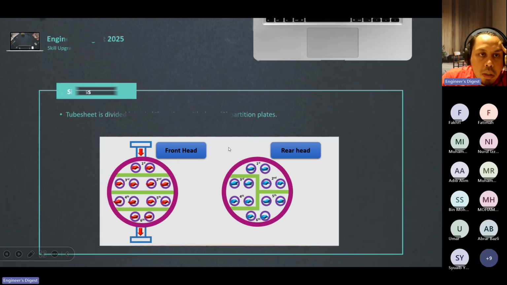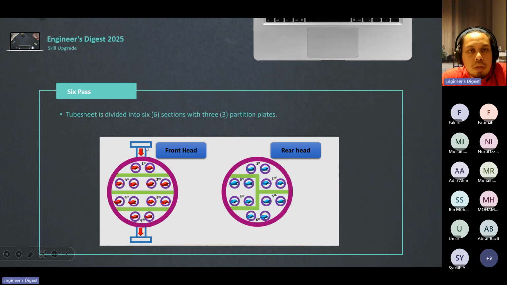Okay, let's see here, six pass. What does it mean by six pass? So if it's a six pass, partition plate is three. So you divide by two only. So it's one, two, three partition plate. What does it mean by six pass? It goes around the tube six times. So first time it goes from this side, then to the rear, it goes to the second one here.